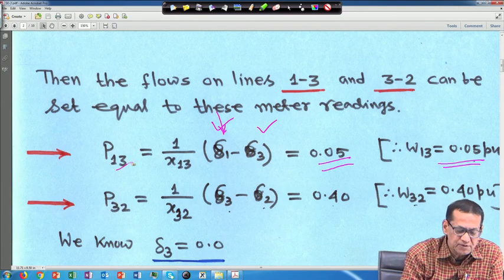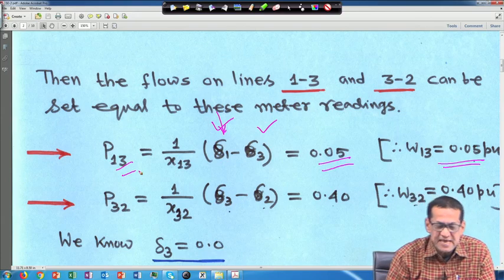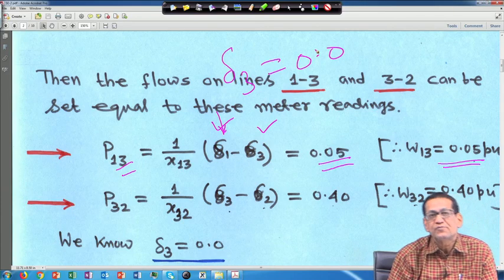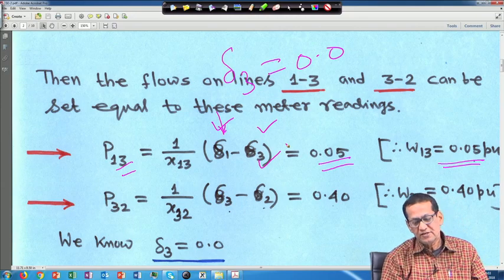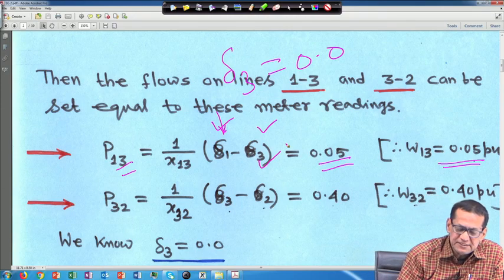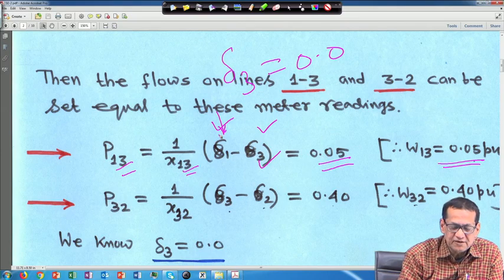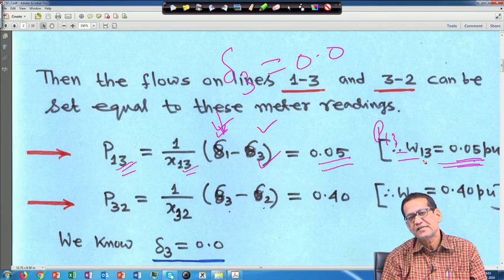This is the power flow from line 1 to 2. Similarly, bus 3 is a slack bus, so delta 3 is equal to 0.0, right. With x13 known, you can calculate the value of delta 1, because P13, that is the wattmeter reading, is nothing but W13.